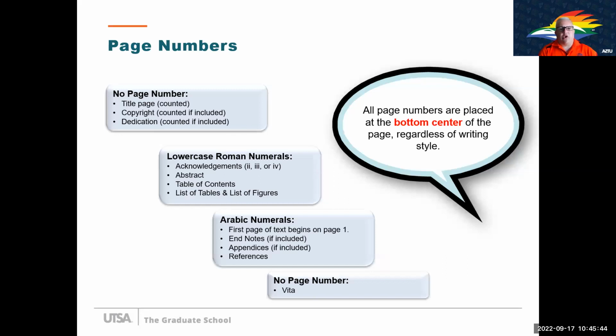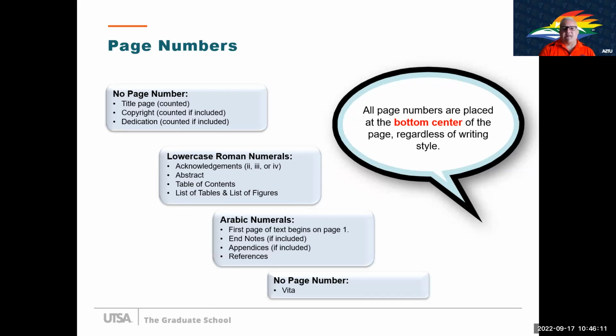Page numbers. So your page number: no page number on your title page, copyright, or dedication if included. Lowercase Roman numerals on acknowledgements, abstract, table of contents, list of tables and list of figures. There are special cases, like list of terms, list of abbreviations, list of whatever.